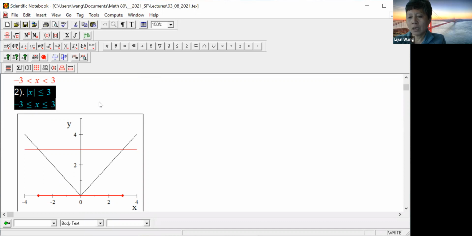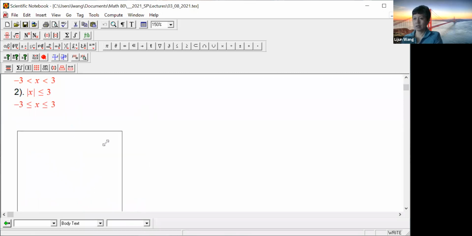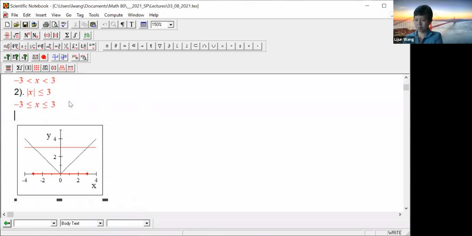Okay. And some of you might be asking, what if I give you the interval solution? Okay, so I'm going to answer that question. The interval solution here will be -3 to +3.